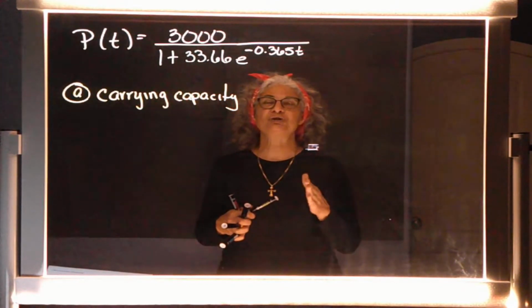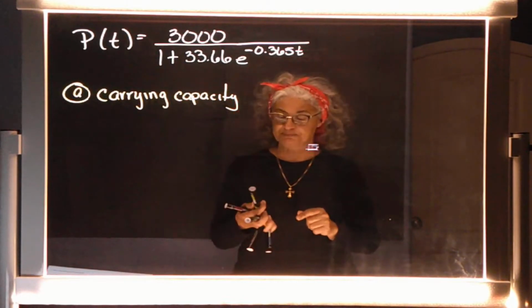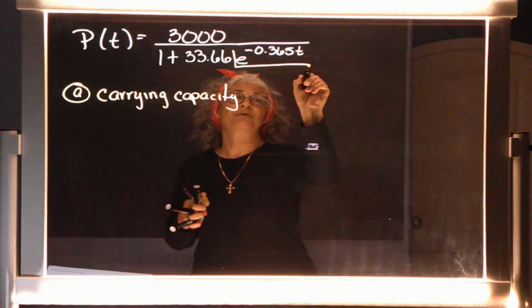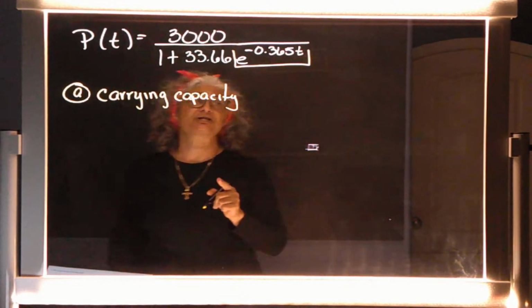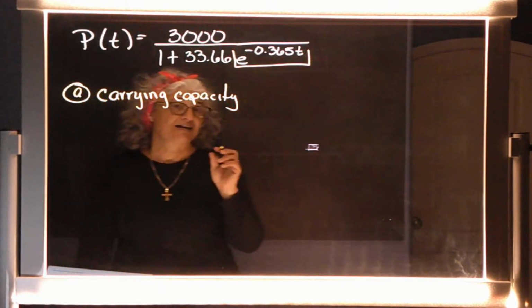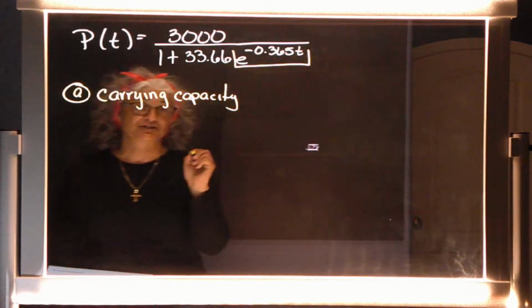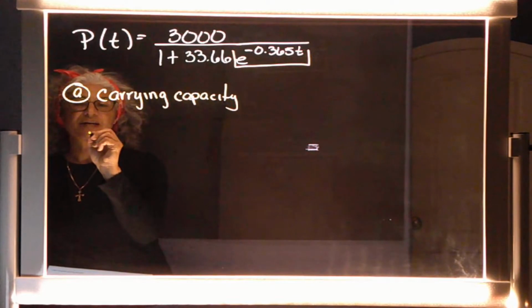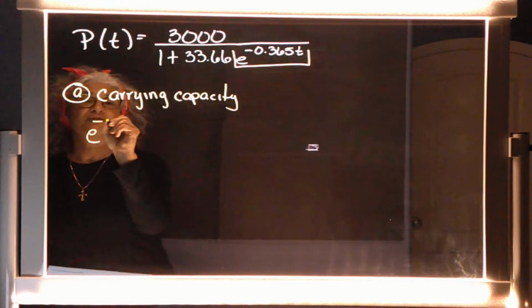What I need to look at is as time marches on. So what I'm actually going to focus on is this part right here. As time marches on to infinity, as time keeps getting larger and larger and larger. Got it? Okay, so first off, let me just look at this e raised to a negative power.